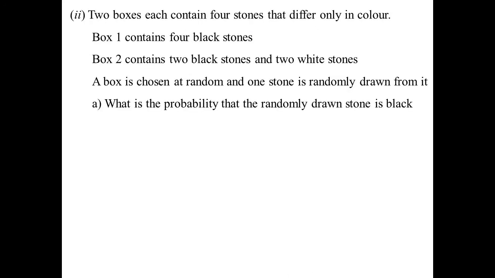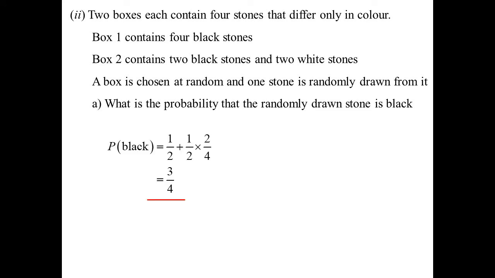2 boxes each contain 4 stones. The only difference is the colour. Box 1 has 4 black stones. In box 2 we've got 2 black and 2 white. First of all, the box is chosen at random, and then a stone is drawn from that box. What's the probability that the stone we drew out was black? Well, there's 2 possibilities.